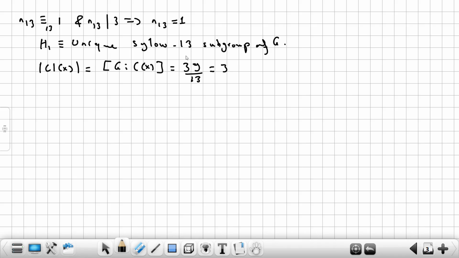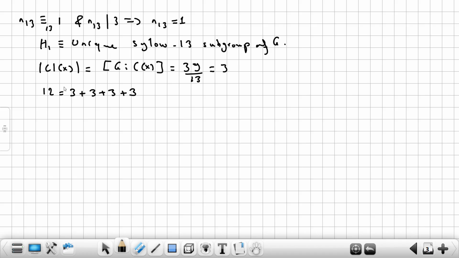So the size of these conjugacy classes for elements in H1 is equal to 3, as you see, and they must partition 12. 12 can be partitioned using 3 in just one way, which is 12 written as 3 plus 3 plus 3 plus 3, four times.